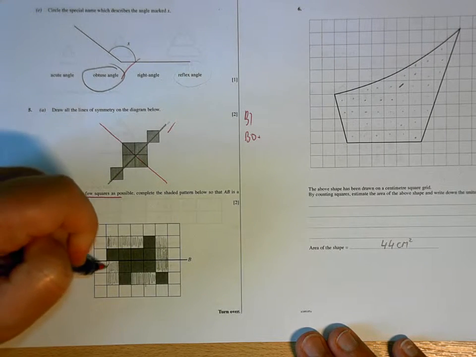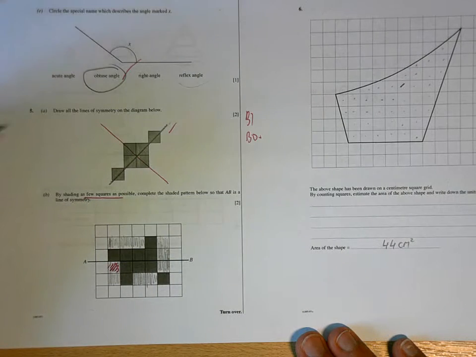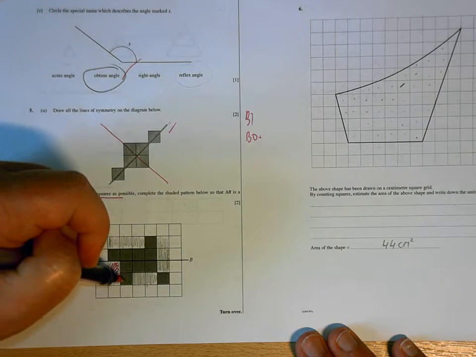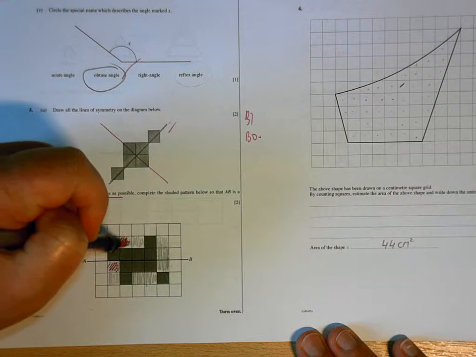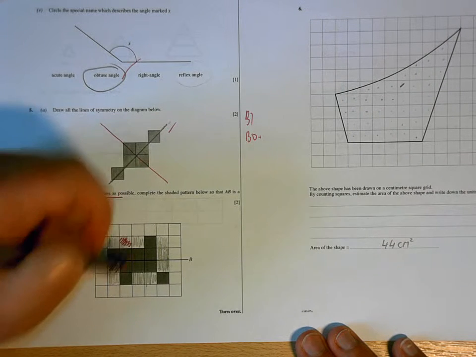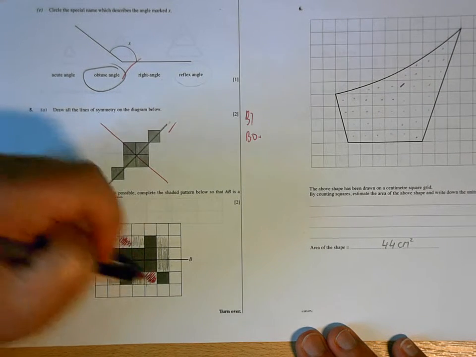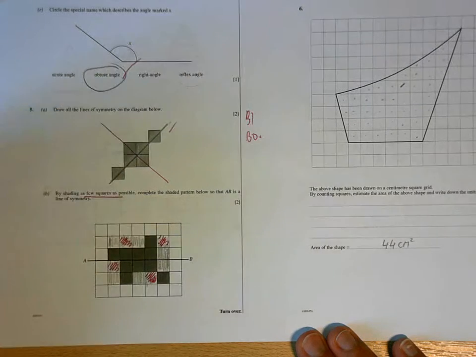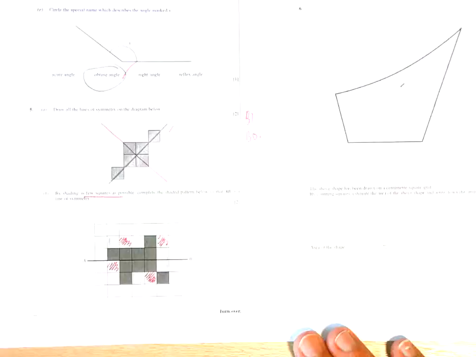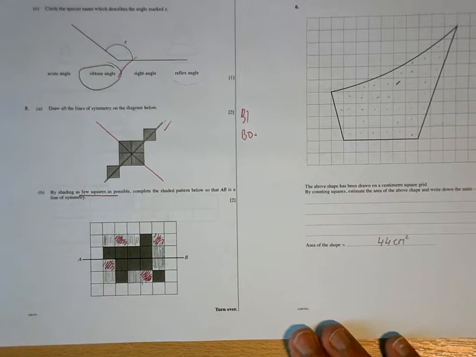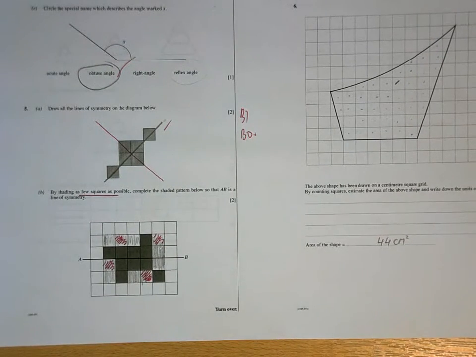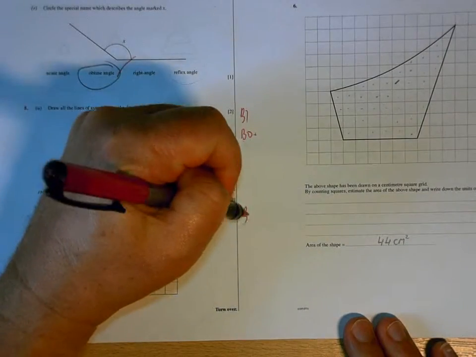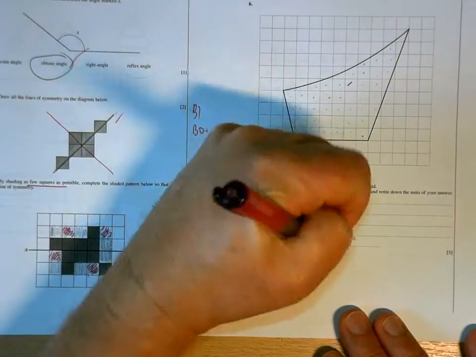So that one there would need to shade that one in. That one there would need to shade that one in. That one there would need that one to be shaded in, and that one there would need that one to be shaded in. So it isn't shade as many squares as you want to make it symmetrical. They were looking for specific squares, so you can't get the credit for that.